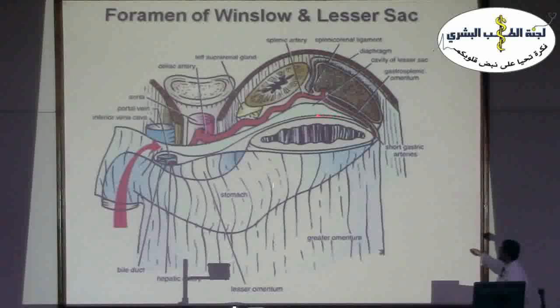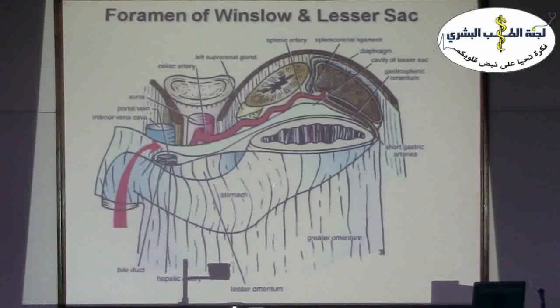It reflects to become visceral here, covering behind the stomach. This visceral layer will reflect again to cover anterior to the stomach. And this visceral layer here will continue in the anterior abdominal wall to become parietal. Okay? So those 2 visceral layers surrounding the stomach, I will call them omentum.